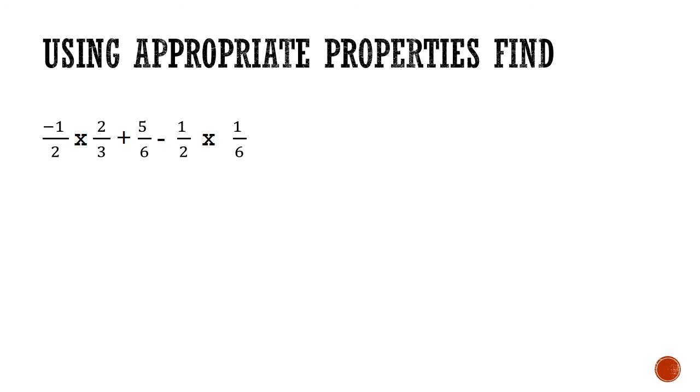Here you will see that in the first term and the last term, you have 1 by 2 as a fraction. So you can take 1 by 2 as a common factor. But you see there is a minus sign for minus 1 by 2 in the first term, isn't it? So for the last term also you can take minus out.